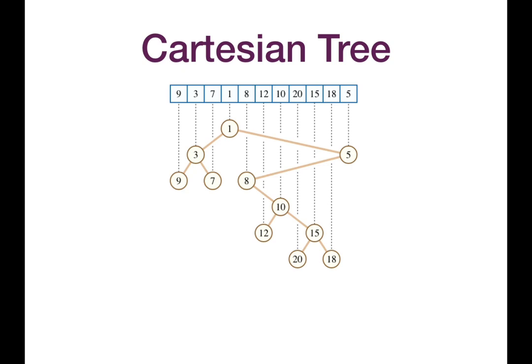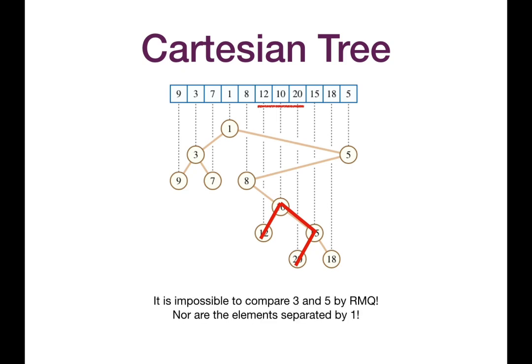For example, the lowest common ancestor of 12 and 20 is 10, which is the minimum of the range from the 6th element to the 8th element. It is easy to see that one cannot compare 3 and 5 in this array with range minimum queries, since there is 1 in between. Similarly, we cannot compare any pair of elements which are separated by 1.